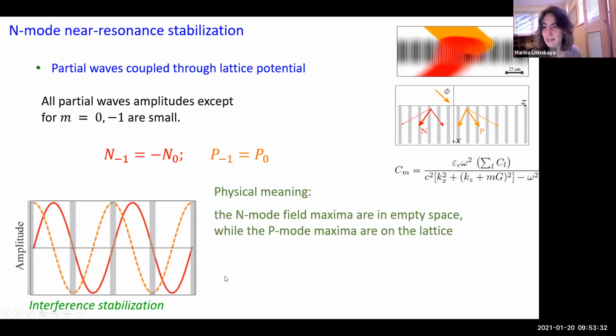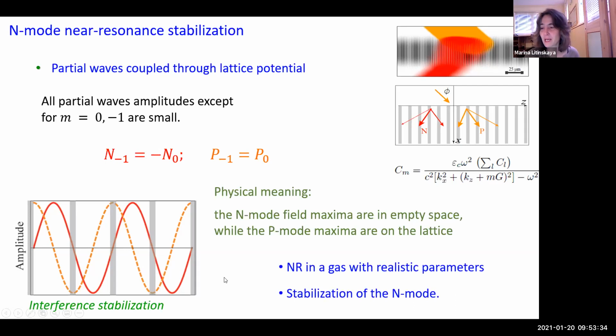So basically, this part demonstrates that in optical lattices we can get negative refraction in a gas with the parameters that are available in labs abundantly, with the stabilization of the negatively refracting mode and the absorption of the positively refracting mode, a phenomenon for which I am not aware of solid state analogs.